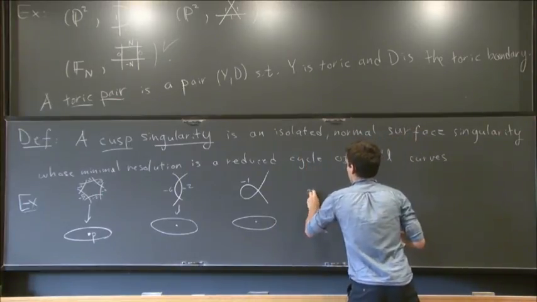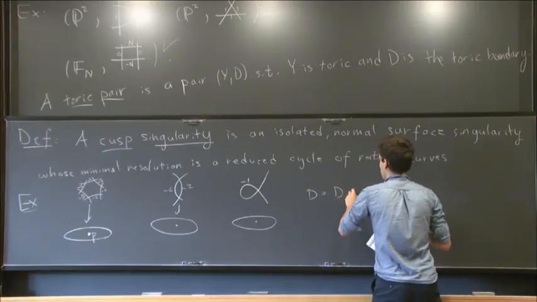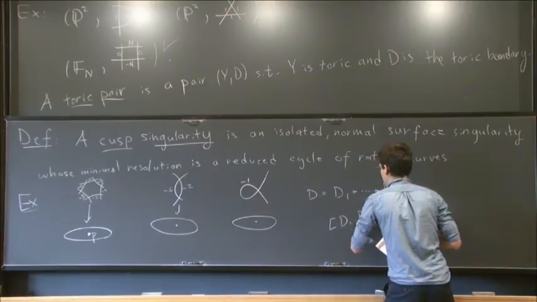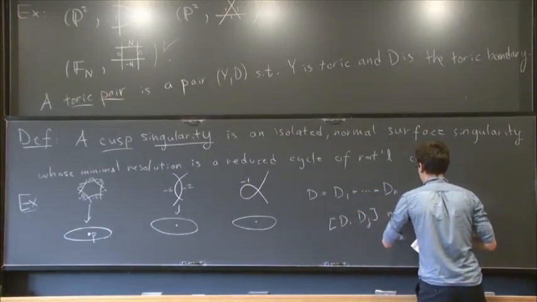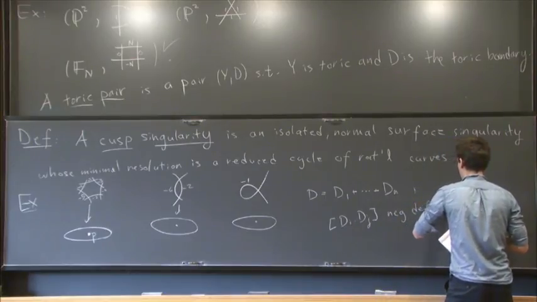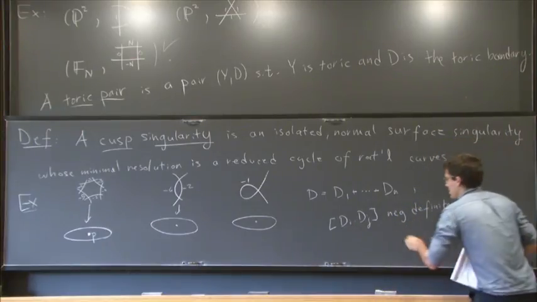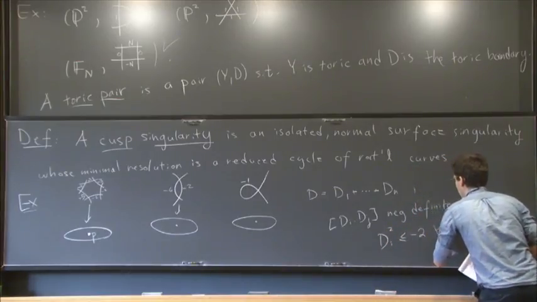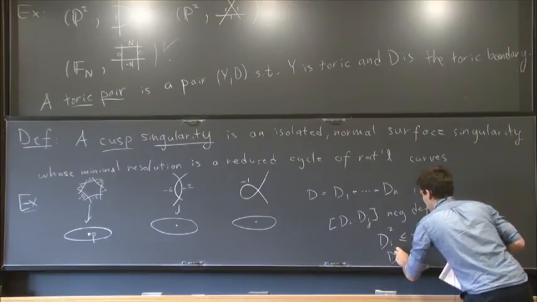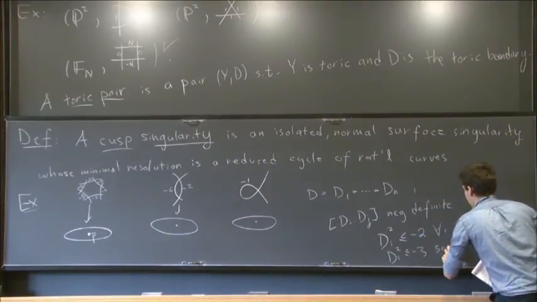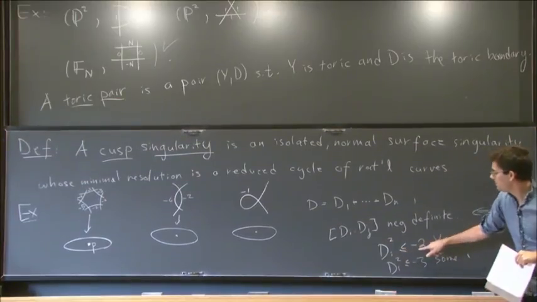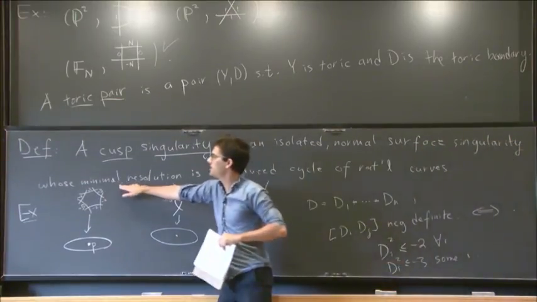If we write the minimal resolution D as D1 through Dn, then the intersection matrix Di dot Dj has to be negative definite, which is just the statement that Di squared is less than or equal to -2 for all i, and Di squared is less than or equal to -3 for some i. This is if and only if. Note that there are no components of self-intersection -1 because the resolution is minimal.